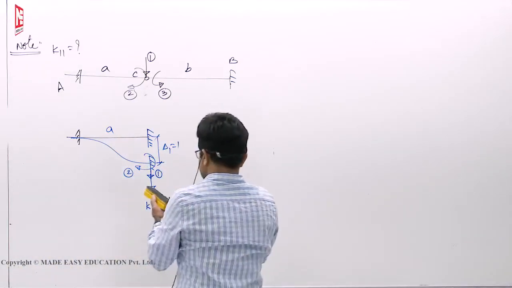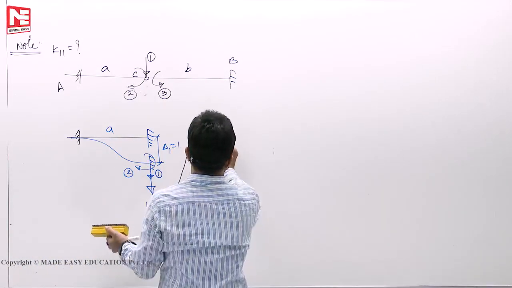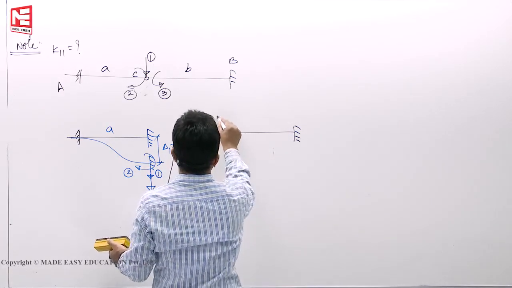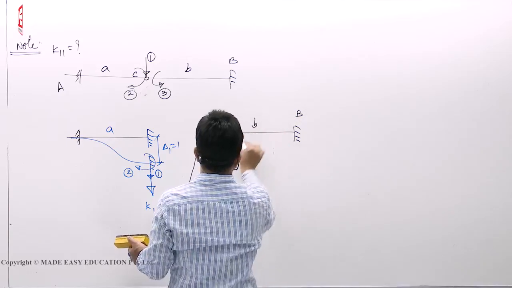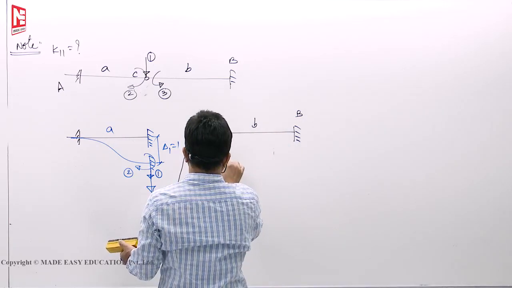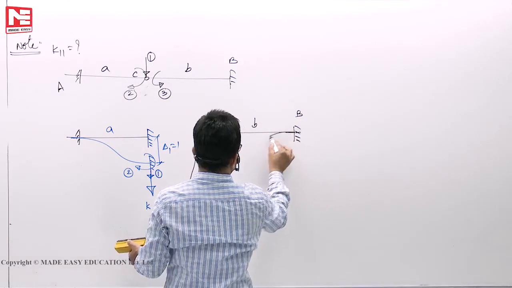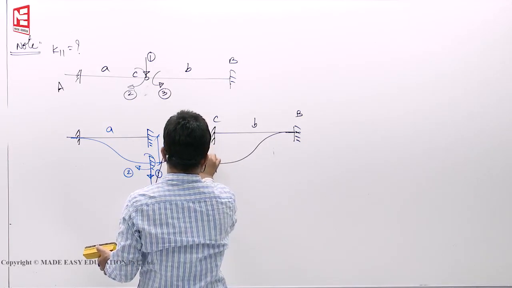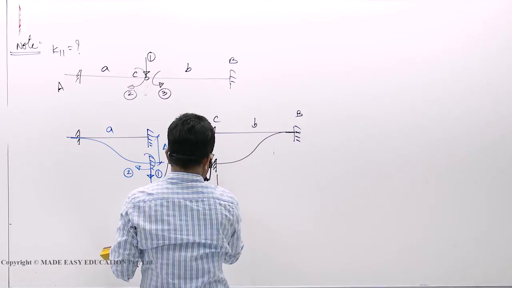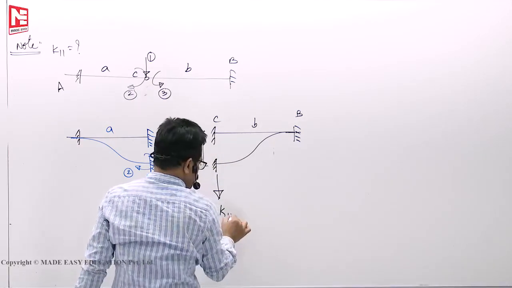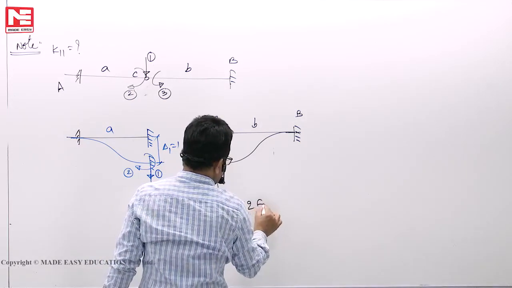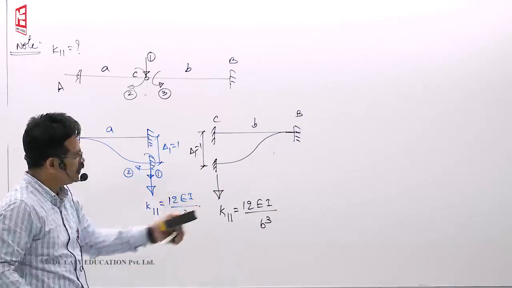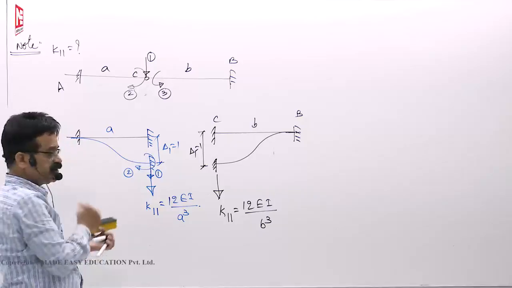Now the second one is like this. If I fix here and here, this point is C, B, this length is B. Push it down by 1. The deflection profile is like this. This is delta 1, again 1. For this one we know the force, also K11 only: 12 EI by B cube. For this profile it is 12, for that profile it was 3.